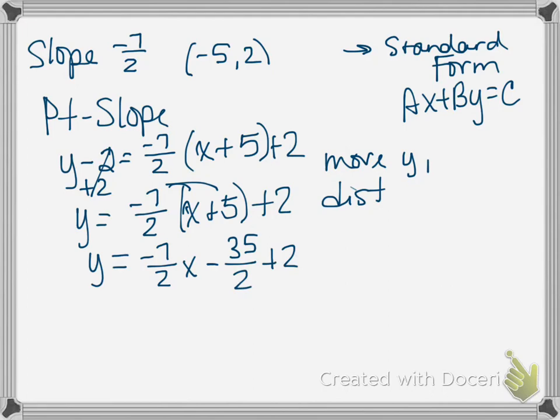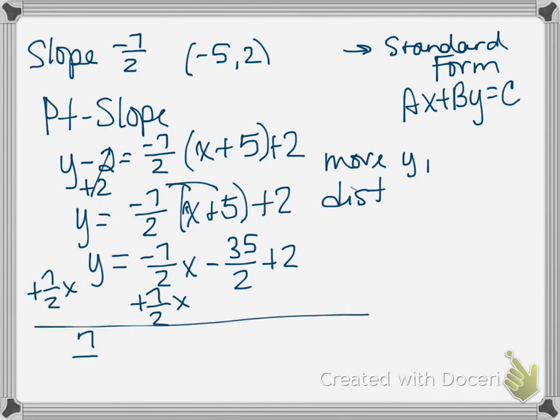I need to get my x's on the same side as the y, so I'm going to add 7 over 2x. So I have 7 over 2x plus y is equal to, I can change this to 4 over 2, negative 31 over 2. So my x and y is on the same side.